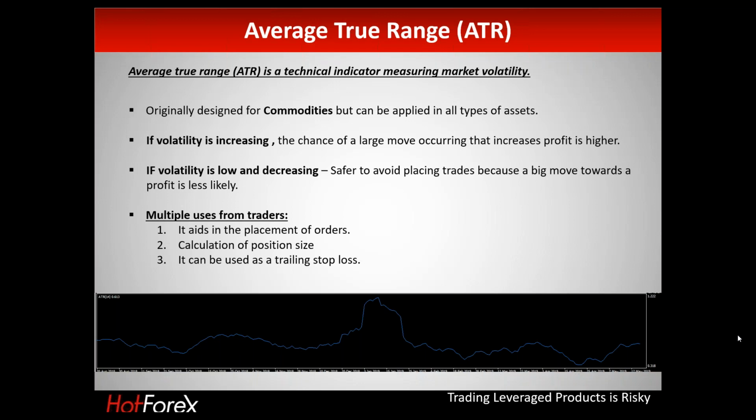If we are seeing ATR going higher and higher, watch my mouse over here, if we're seeing this line moving higher, that means the asset we are checking is experiencing a high level of volatility. While if the ATR is moving lower and lower, then the asset is experiencing low volatility.